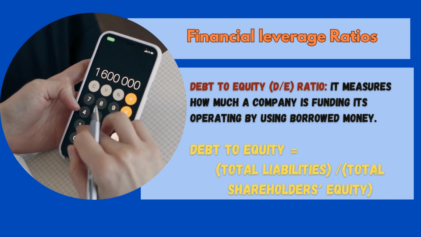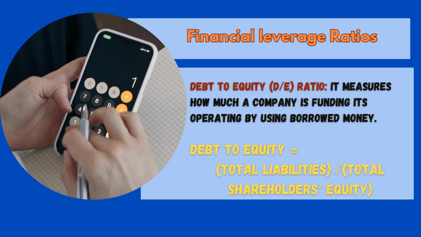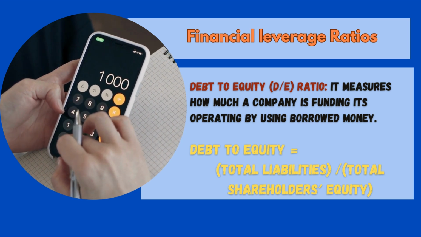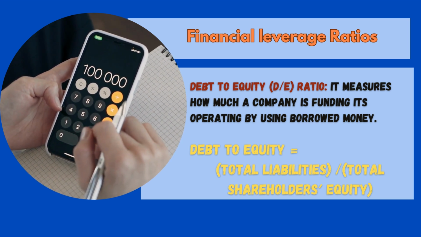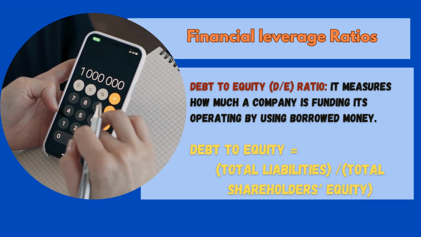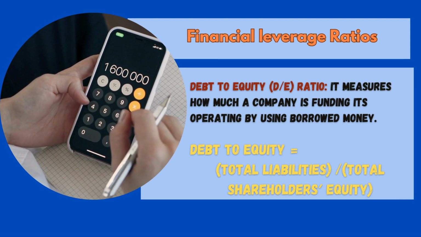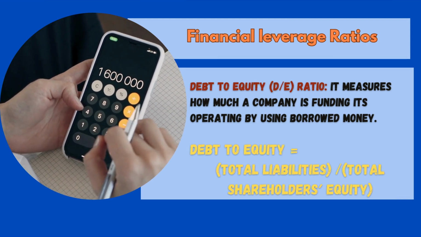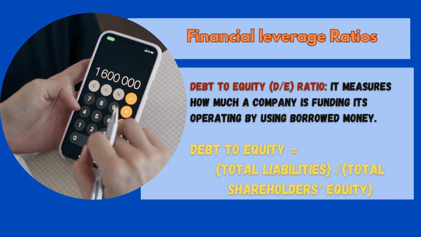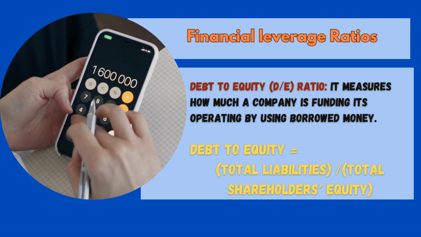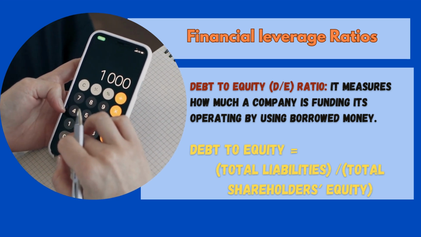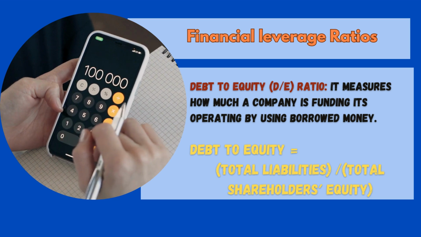Another type of ratios is the financial leverage ratios, and here we have the debt to equity ratio. It measures how much the company is funding its operations by using borrowed money. Here we compare the total liabilities with the total shareholders' equity.